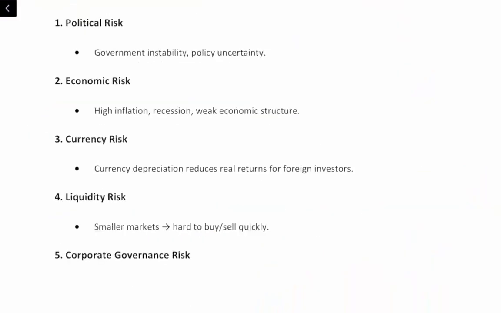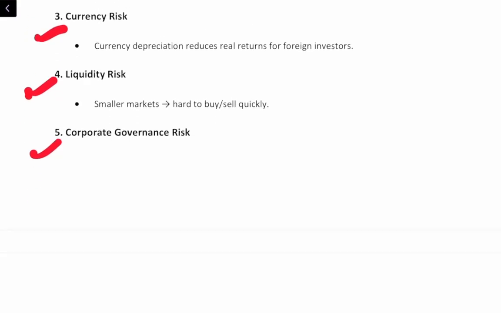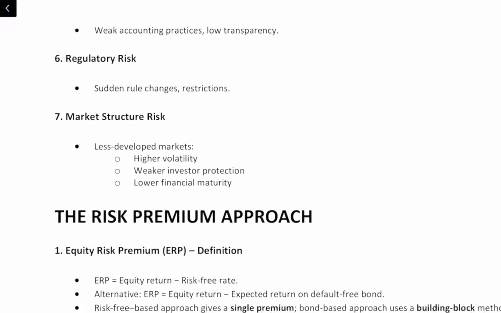Clear? Now a very small point when I'm talking about the risk in emerging market equity risk pricing. Okay, when I'm pricing something, definitely there are a few risks. Clear? Political risk, economic risk, currency risk, liquidity risk, corporate governance risk, regulatory risk, market structure risk.